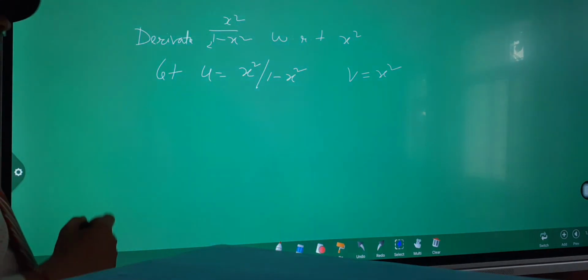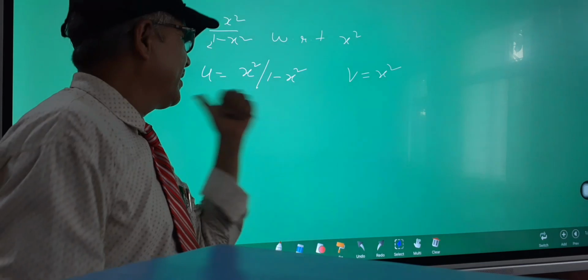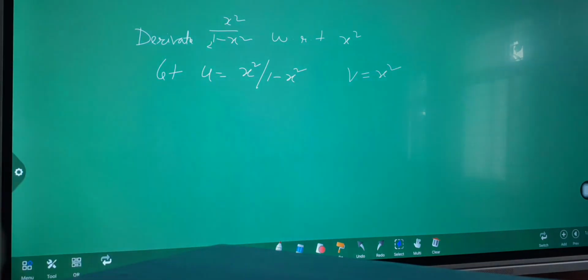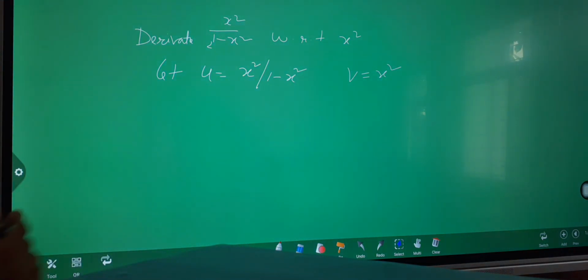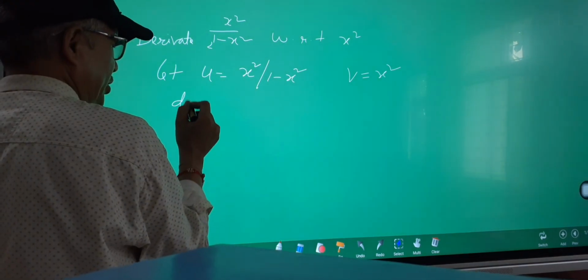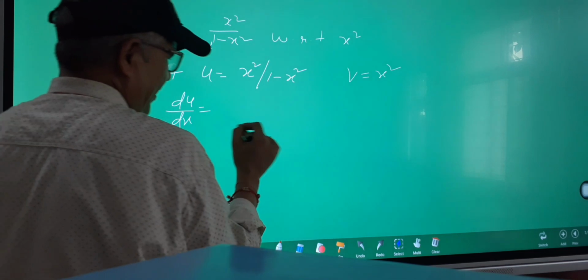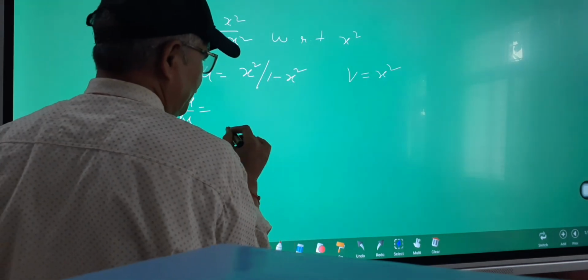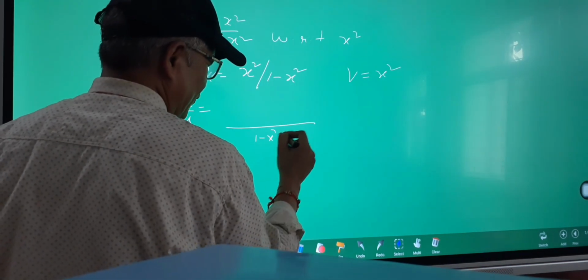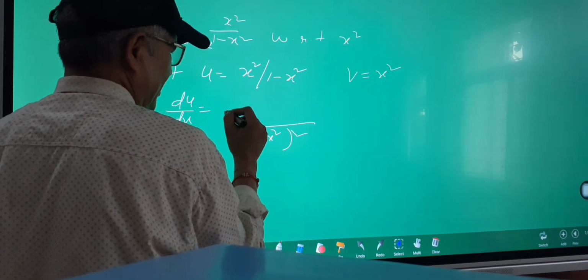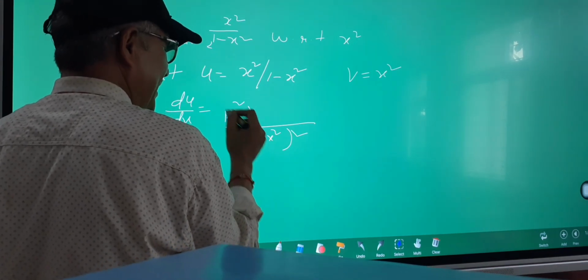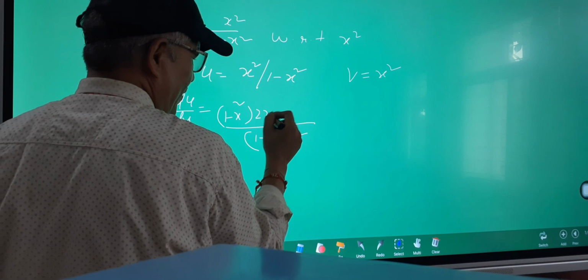So it is type of parametric or not? u and v are defined in the form of x. So now what you have to do, it is du upon dx. So derivate u upon v, quotient rule. 1 minus x square, it is 1 minus x square and v as it is. Derivative of u is 2x.